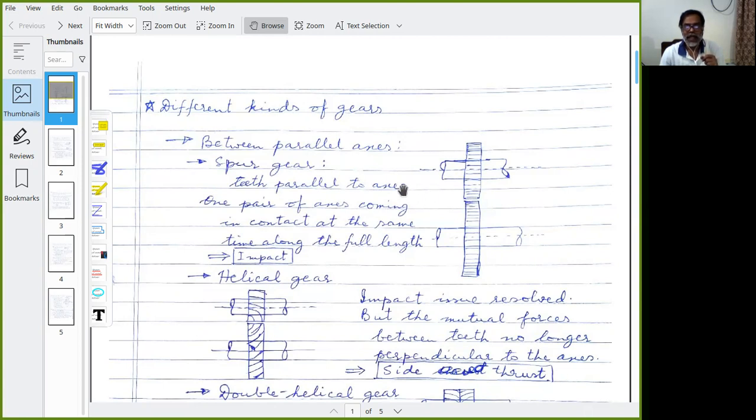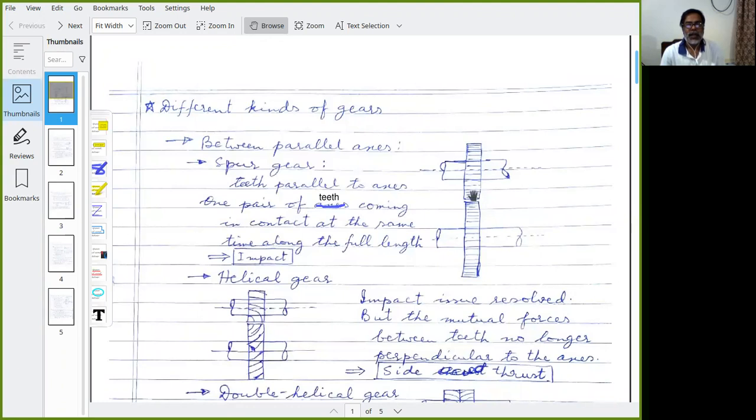And one bad thing. I mean, this is simple. That is one good thing. Now, one bad thing about spur gears is that one pair of teeth, that is one tooth of this gear and one tooth of the other gear, come in contact at the same time all along the full length.